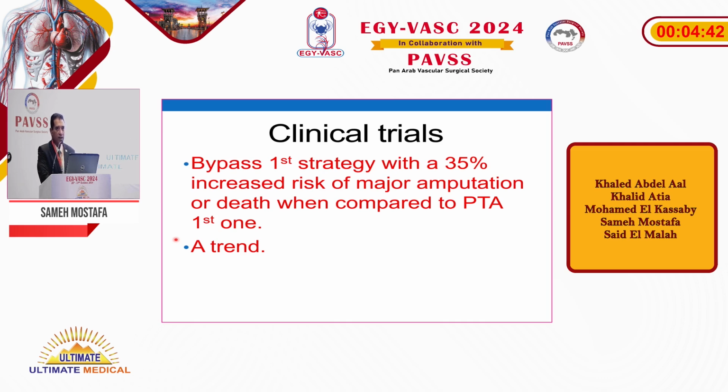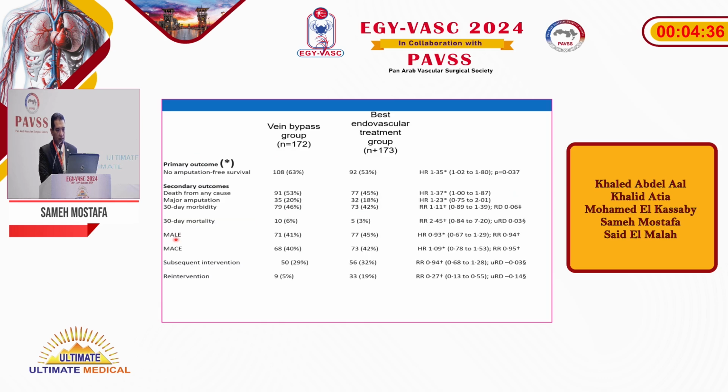However, in my opinion, this is a trend or the result of the initial work of the trial, because when we have a deep look at the final results of the trial, we had more death from all causes, more major adverse limb events, more adverse cardiovascular events, and more intervention in the angioplasty group.